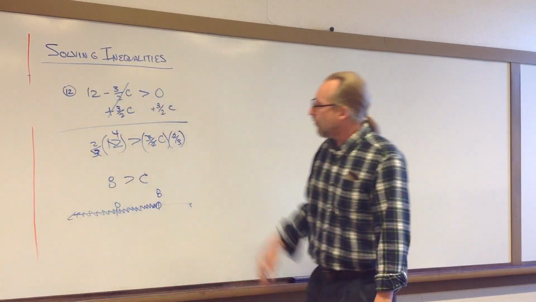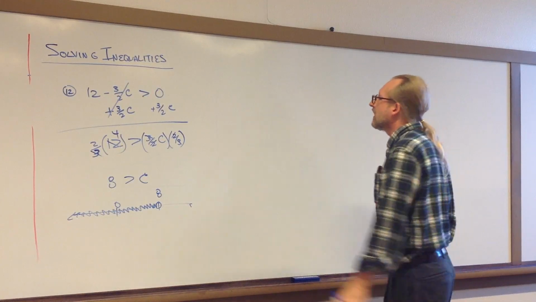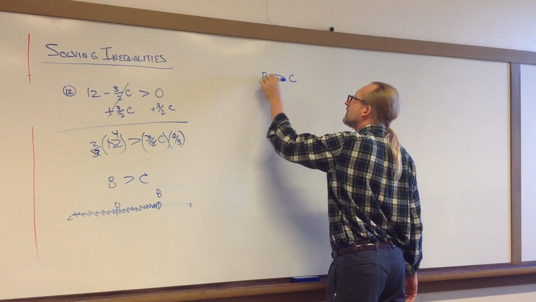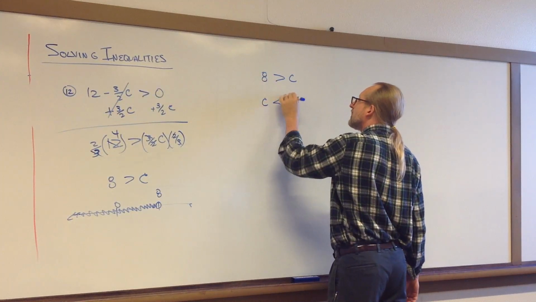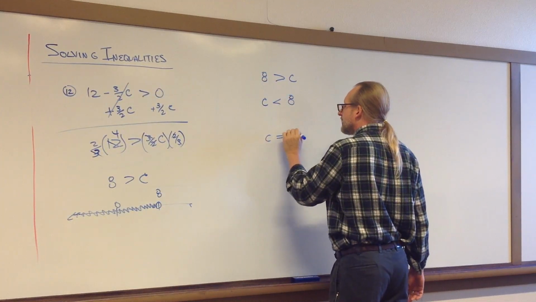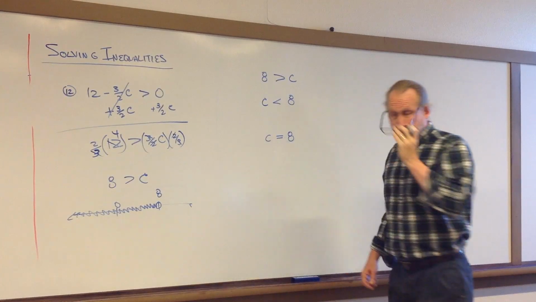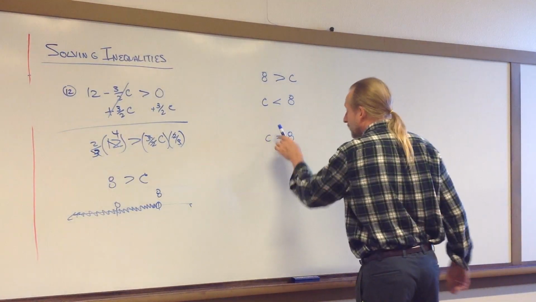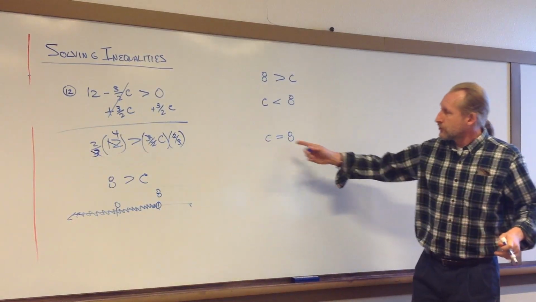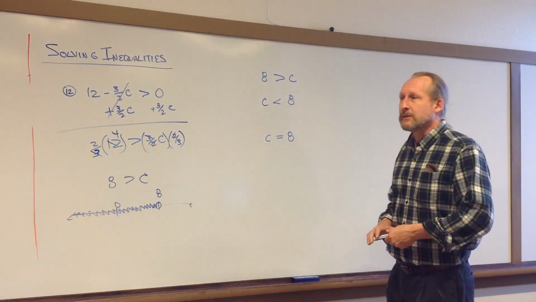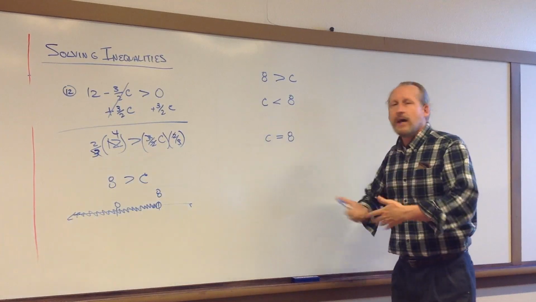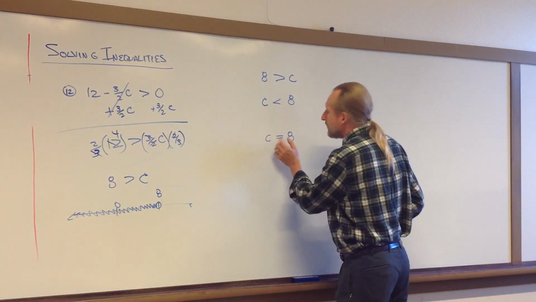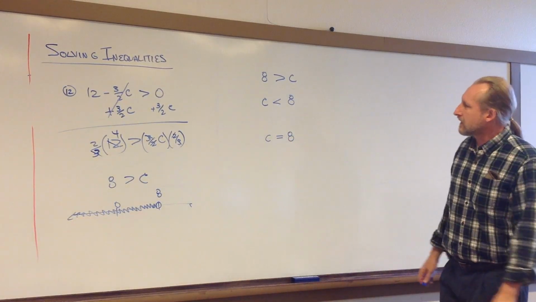Remember that this thing always points at whatever is smaller, right? If you have c less than 8, one thing to think about, in the historical record, the mathematician who developed this symbol for equality chose 2 equivalent line segments because to him that represented equality. What could be more equal than 2 line segments that are exactly the same length?